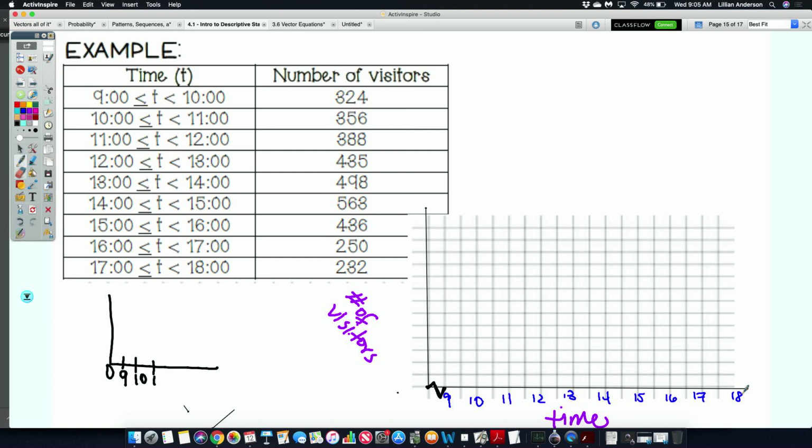When I look at my y-axis, my lowest value is 232. My highest value is 563. How should I do my y scale? By 20s? Every line by 20s?